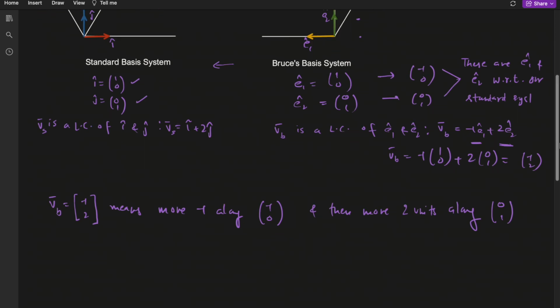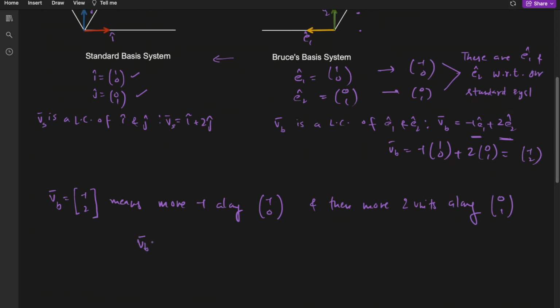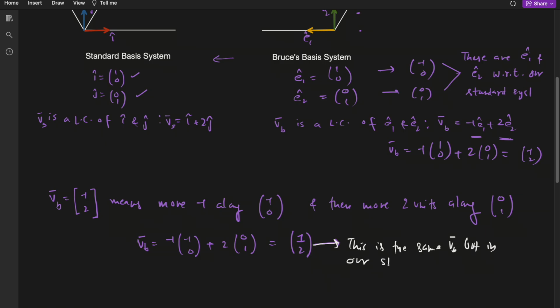Okay, so I can write this as VS is -1 times -1 comma 0 plus 2 units in the direction of 0 1. So this is +1 comma 2. This is the same VB but in our standard system.